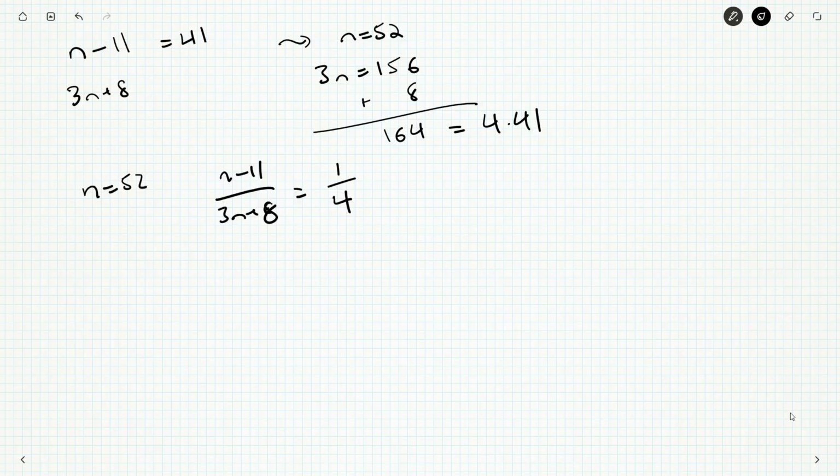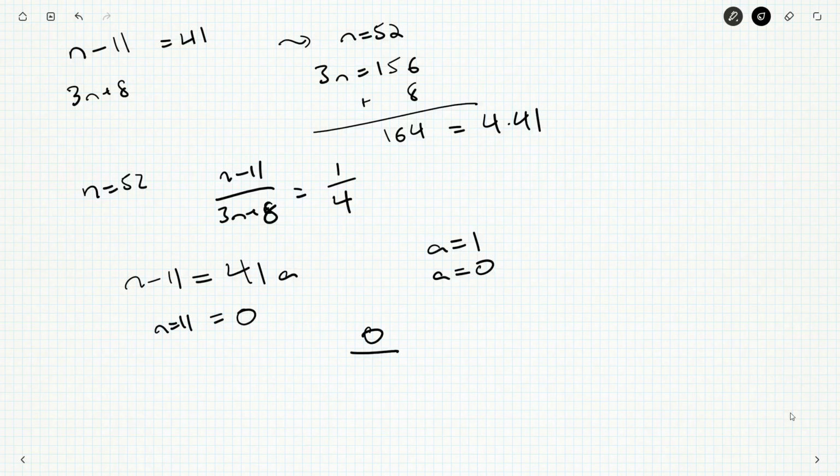Can I go smaller? n minus 11 has to be a multiple of 41. Here we had a as 1, and that gave us an answer. To make n smaller, you'd have to make a smaller. A being 0, you're going to get 0 here, and so n is 11, but then you've got 0 over 41.